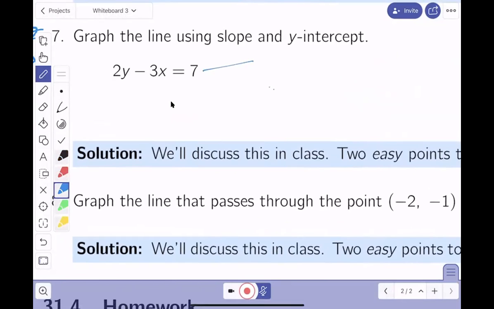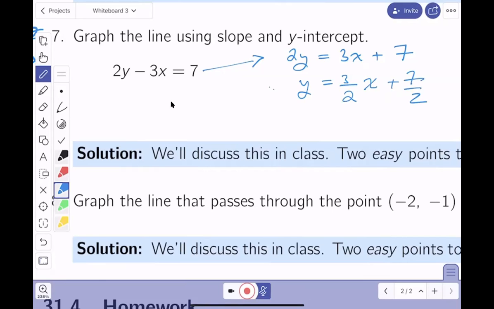And what do you get? 2y is equal to 3x plus 7. All right, hope I didn't go too fast with that. I just add 3x to both sides. Divide both sides by 2, and you get 3 over 2 x plus 7/2.